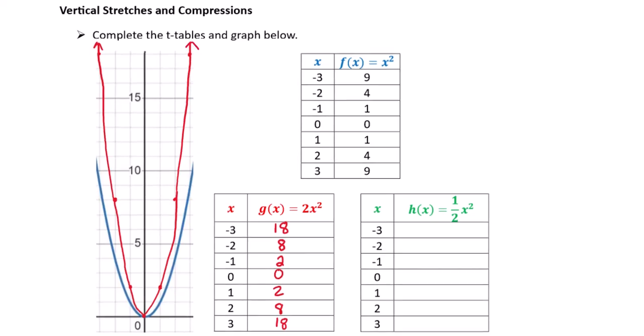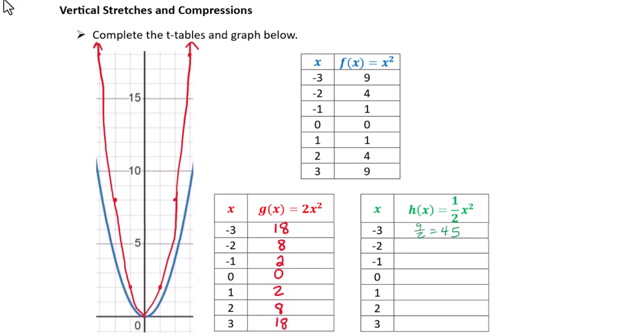And then my h of x graph, very similar to what we had with the f of x function, except there's a 1/2 in front. So that means that after we have put in the inputs, we'll have to multiply that by 1/2. So just as before, put in the -3, I'm going to get out a 9, but then half times 9 is going to be 9/2, or 4.5.